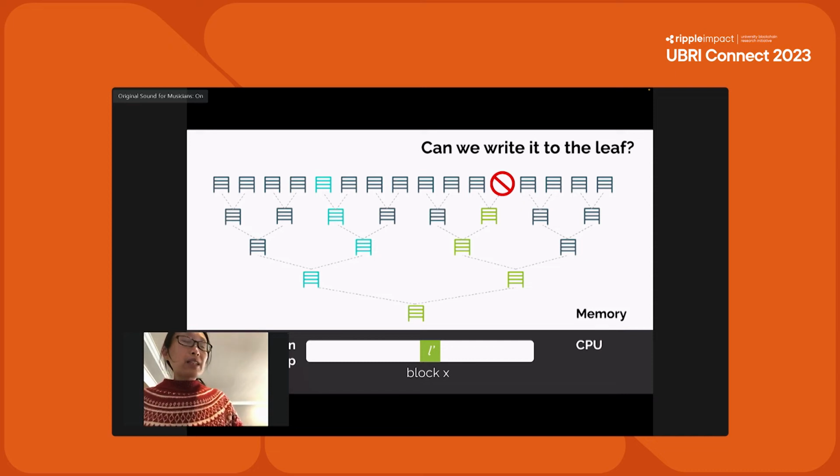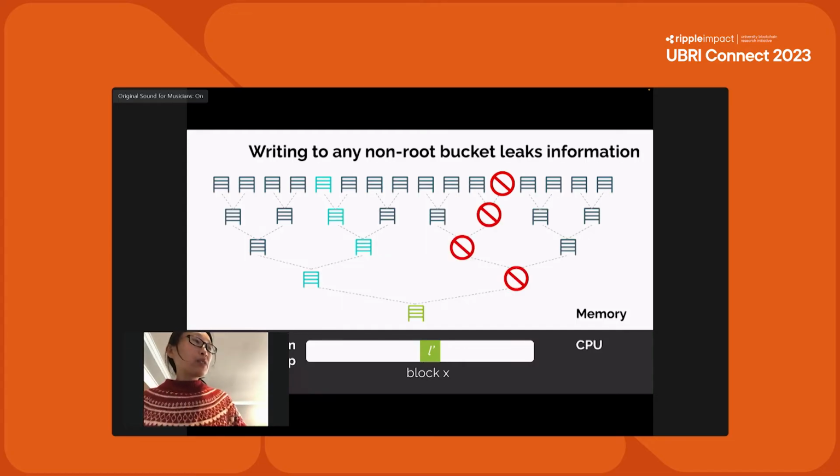And the key here is I need to write it to the new path without disclosing which path I have chosen, right? For a similar reason, if you write to any of the internal nodes, it's also not secure, because even though you don't leak the whole path, you leak some partial information about the choice of the path. So what I really want is to write to the green path without leaking which path I have chosen.